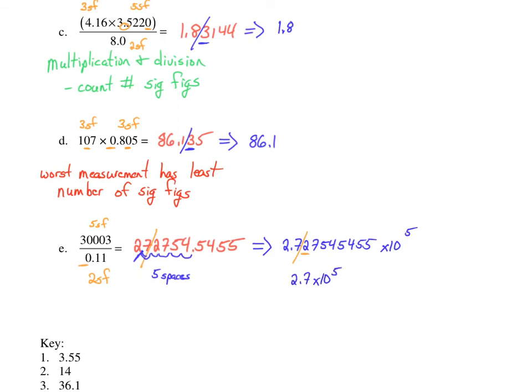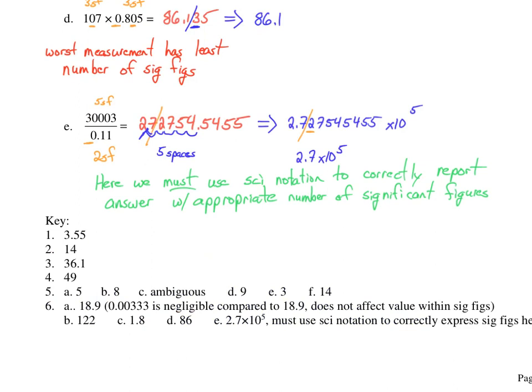Now in this instance, we must absolutely use scientific notation to express the correct number of sig figs. Let's see why. If we attempted to report the answer as 270,000, that would be incorrect because this has an ambiguous number of sig figs.